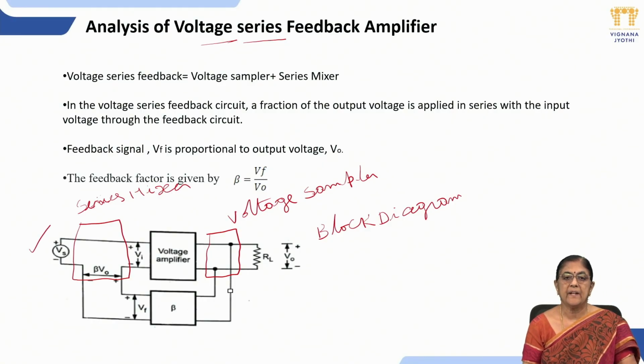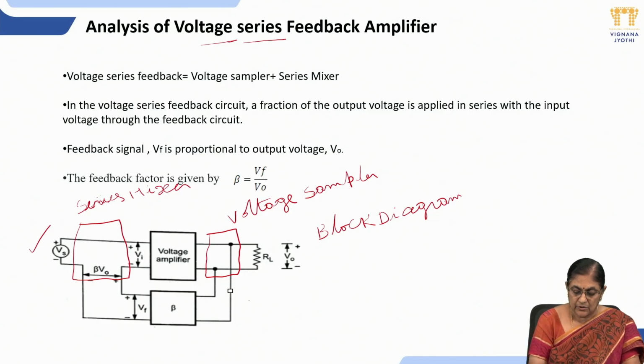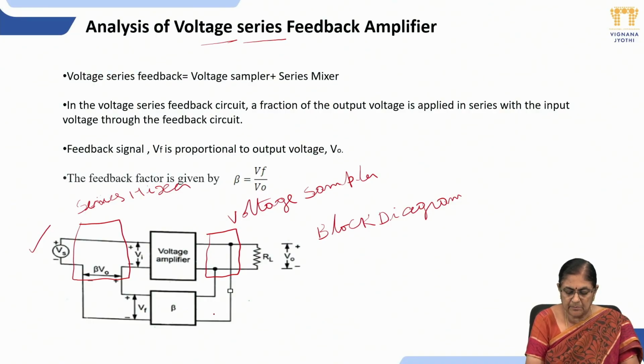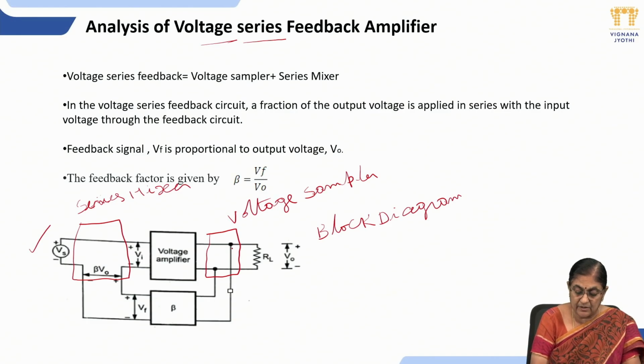So after identifying the type of the sampler, type of the mixer in the given amplifier, now you observe the signal present at the input terminals of the feedback network. These two are input terminals of the feedback network that is connected in shunt to output terminals of the basic amplifier. Then the signal present at the input terminals of the feedback network is V0. And output terminals of the feedback network is connected in series to input terminals of the basic amplifier.